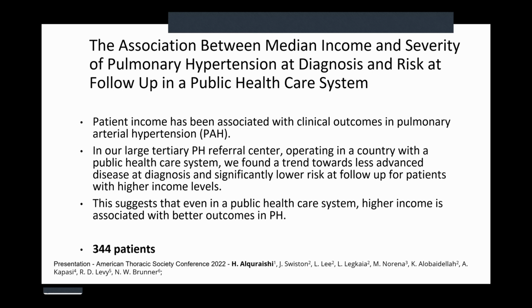Patient income has often been associated with clinical outcomes in pulmonary hypertension. In the tertiary care center where this study was conducted, in Vancouver at UBC, a large tertiary referral center in Canada with a publicly funded healthcare system, they found a trend towards less advanced disease at diagnosis and significantly lower risk at follow-up for patients with higher income levels.